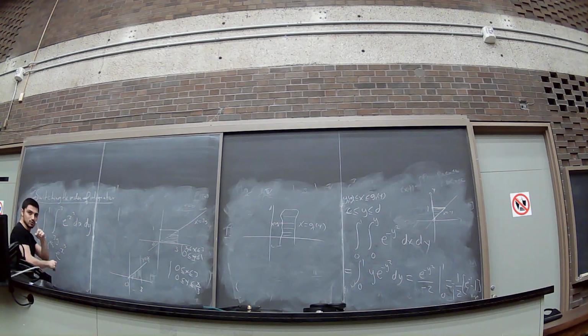I said x cubed at the beginning, but x squared is the same. You cannot integrate it, right? dy. Now, can I integrate this? Yes. How do I integrate this? e to the x squared with respect to y is what? Constant. So I can take it outside.